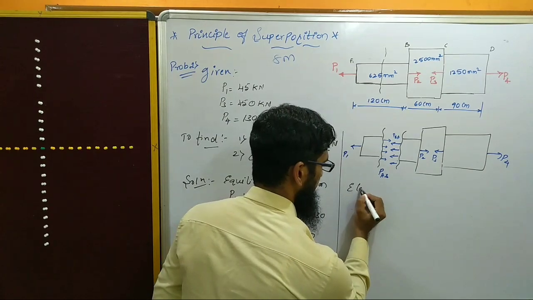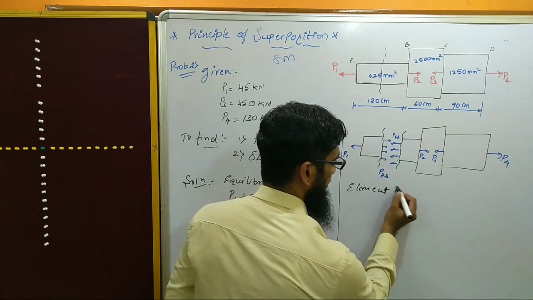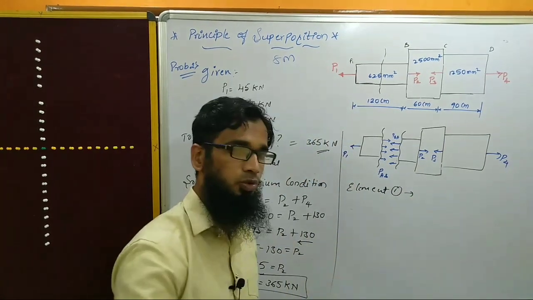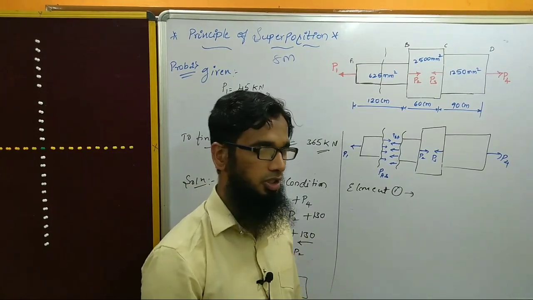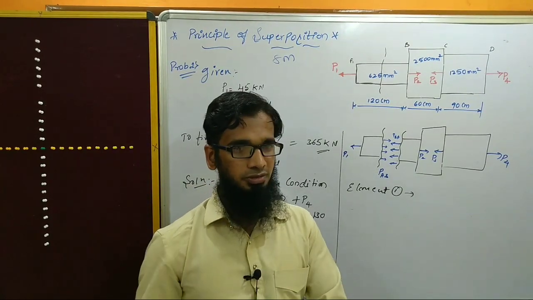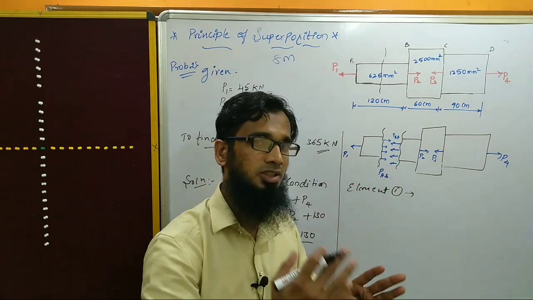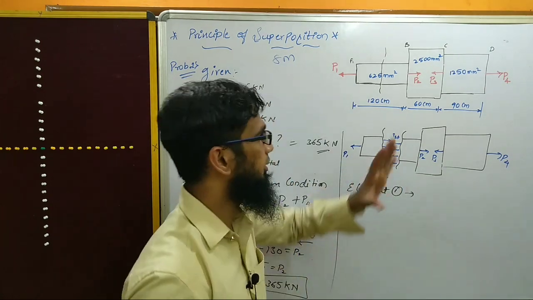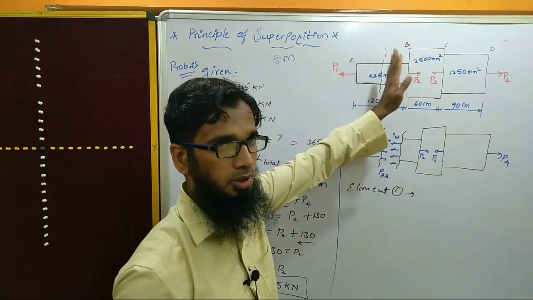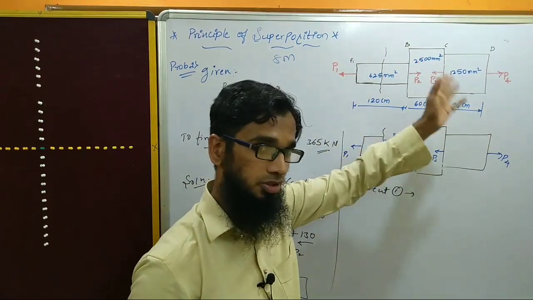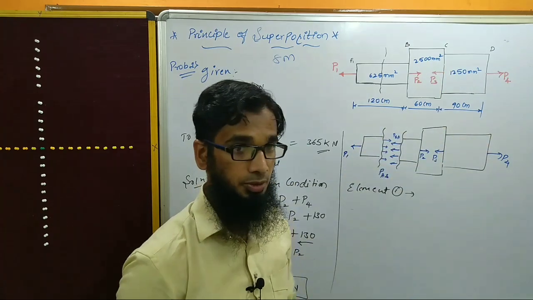Now I'll calculate for this part here. Now I'll take element 1 and try to apply the equilibrium condition. Equilibrium condition means the left hand side forces equal the right hand side forces. Only for the first element I'll apply it, because I need to calculate the delta L for AB, delta L for BC, delta L for CD.